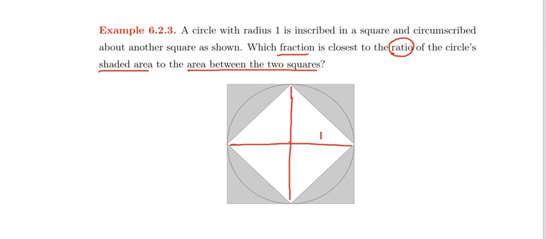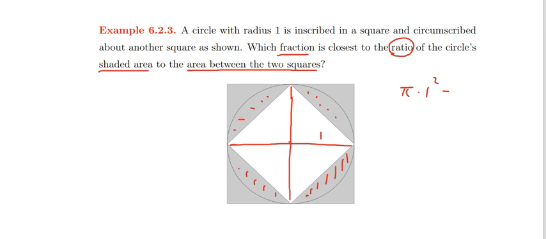So the shaded area, let's say, so we can find this. What is this? This equals the circle minus the square, right? So this is pi r square, 1 square, minus the area of this square.